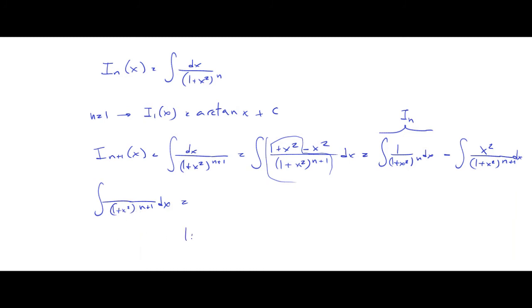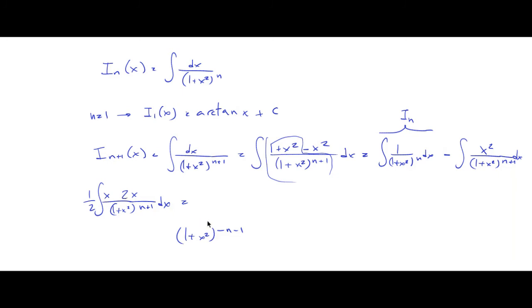So this is going to be (1 plus x squared) to the minus n minus 1. So in order to integrate this and get (1 plus x squared) to the minus n divided by whatever, we need to get in the numerator something that's the derivative of this, which is equal to 2x, right? Now here we have an x squared, so this is equal to x divided by 2, right? You see, x squared is x times x, divided by 2.